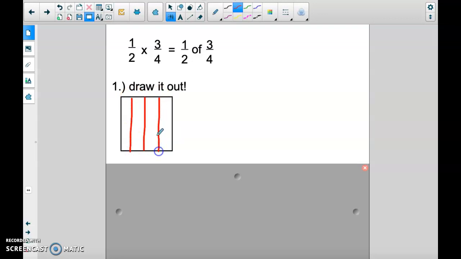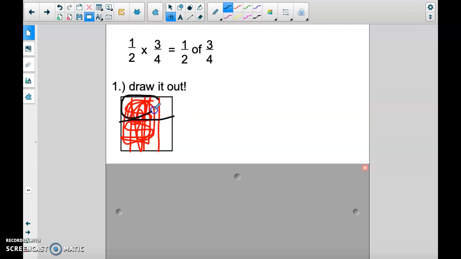There are my 3/4. I'm going to shade it in. Remember, it doesn't have to be the whole thing you're shading in, just the general idea. And then I want half of the 3/4. Cut it here. Oof, that's a bad half, but you get the idea.